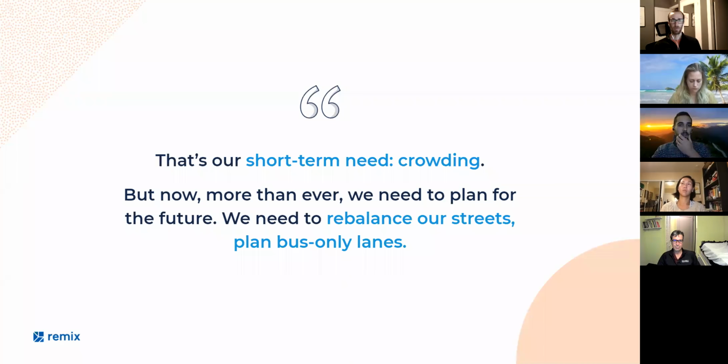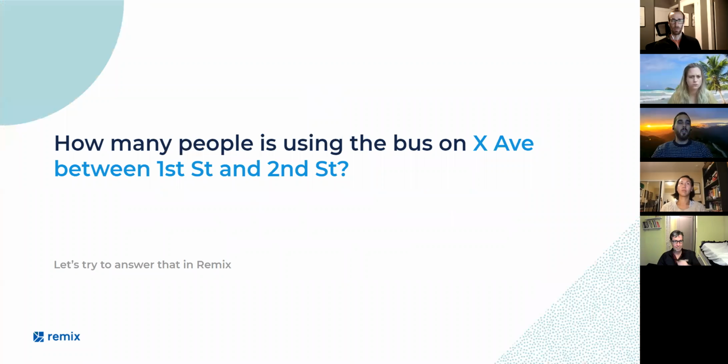So this is, well, I won't say post-COVID because COVID is still happening, but this is an effort that took place in the last few months that is basically trying to answer another simple question that was very complicated to answer. And that is how many people are using the bus on a specific street between two other streets, like First and Second.